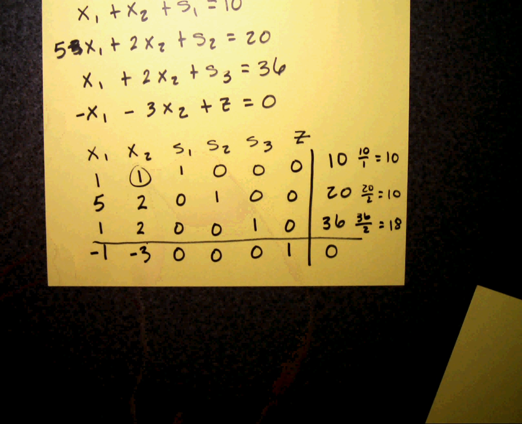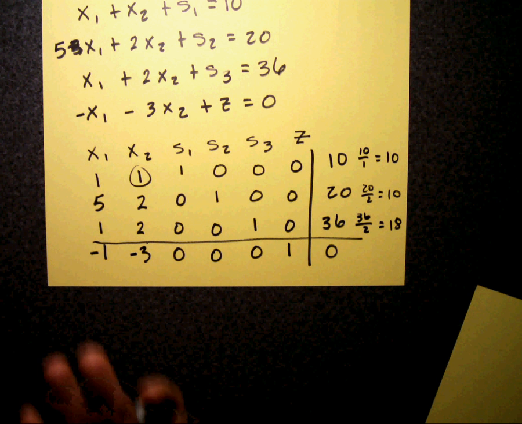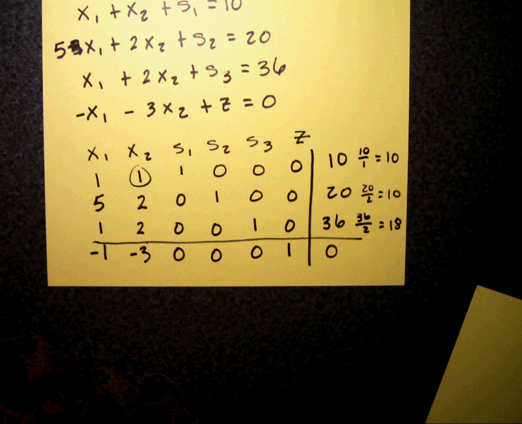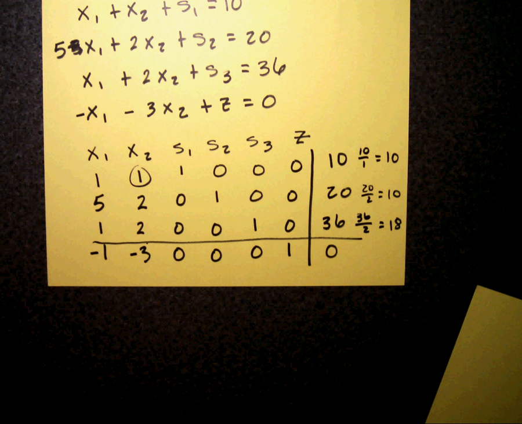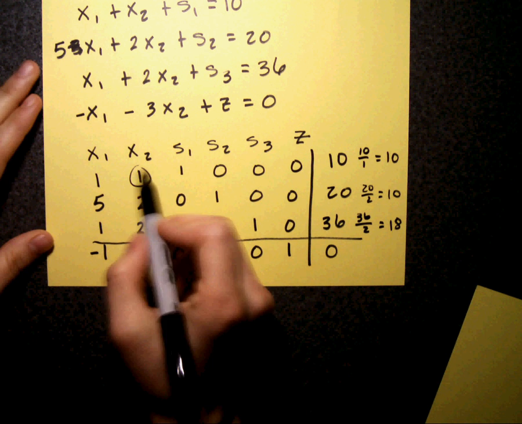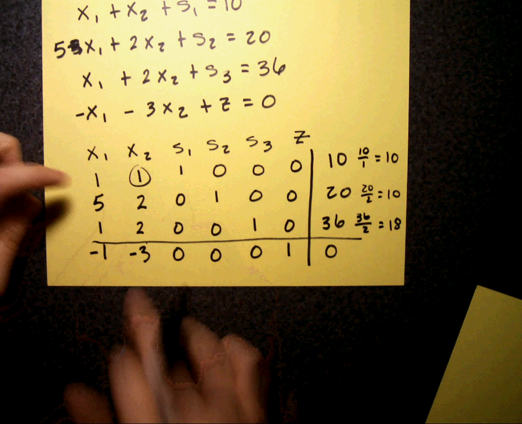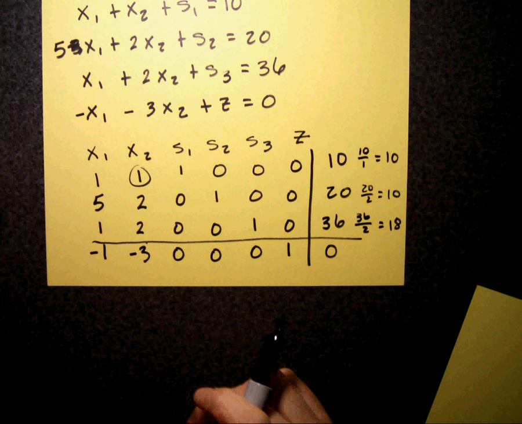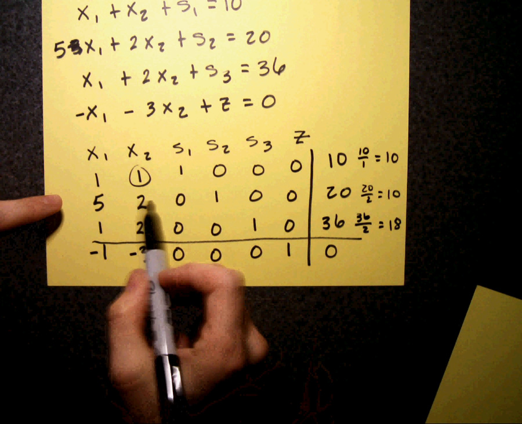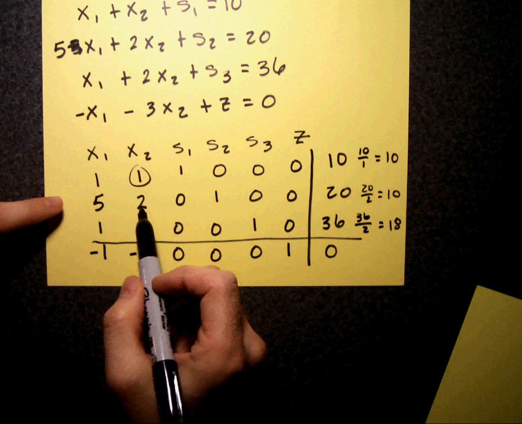All right, so now using our pivot, this one's already 1, so I don't have to force it to be 1 by multiplying by the reciprocal or anything like that. So now I'm going to use the 1 to force everything else in that column to be 0. So to force row 2 to be 0, what should I do? Negative 2, right?